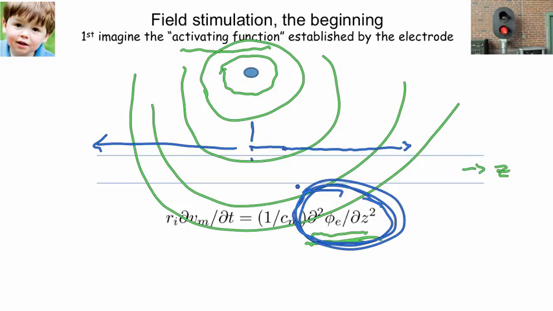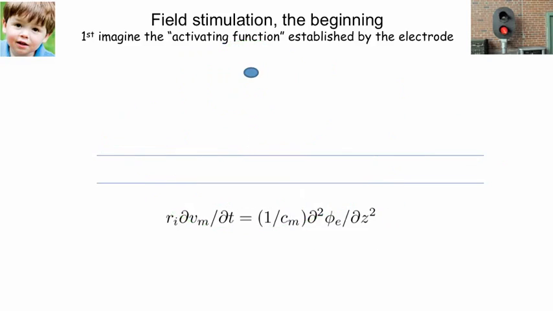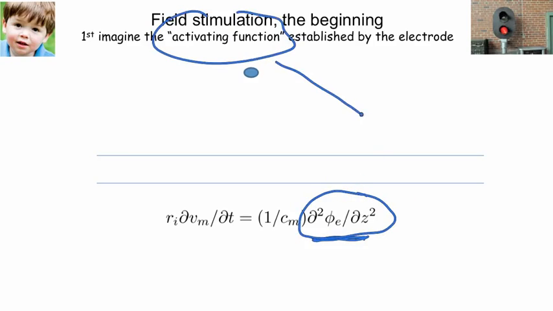So because it's the membrane current, what happens is what you'd expect to happen, and that is this term, which is called the activating function, is proportional to dVm/dt. The transmembrane potential changes right at the beginning in proportion to the second spatial derivative of the field that's established by the field stimulus electrode.